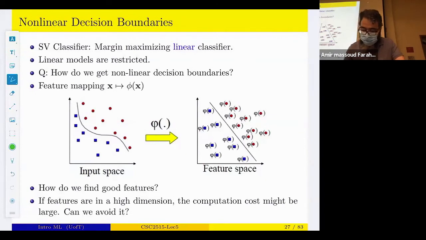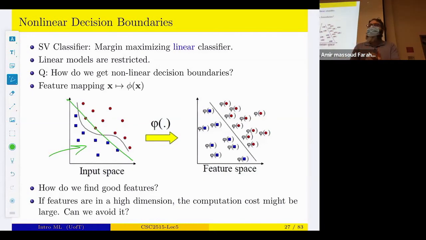So for example, here, if this is the input space, if I want to find a linear classifier to classify them, I can't find any that does a very good job. But we can do something about this. If you recall, we had this idea of basis expansion or feature mapping, which basically says that instead of working in the original input space X, we map everything to some other space using some function phi.